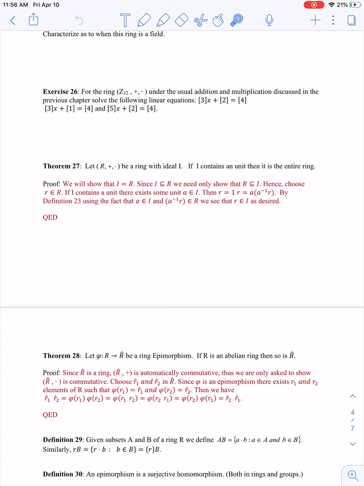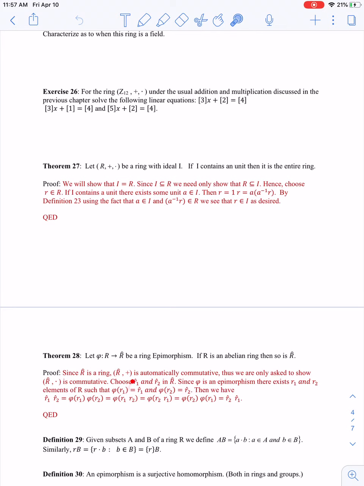You should notice that this is going to be an argument similar to one we've seen before. All right, so remember, R and R hat are automatically commutative with respect to plus. I just need to show they're commutative with respect to dot.